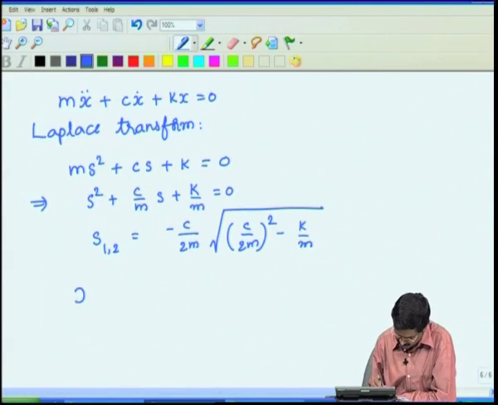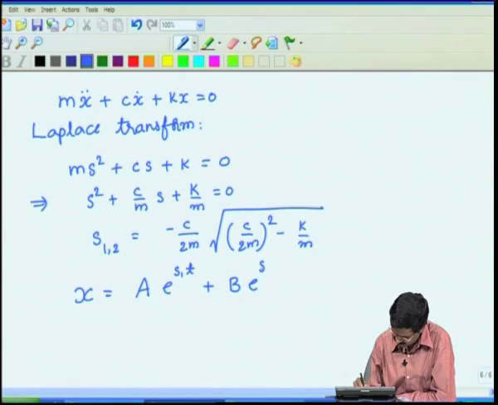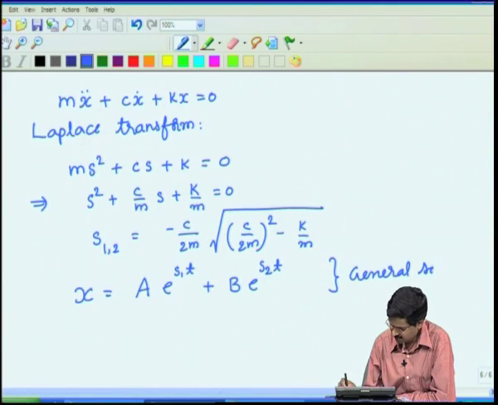Now, general solution of this is going to be a times e raised to s1t plus b times e raised to s2t, that is the general solution of this differential equation.